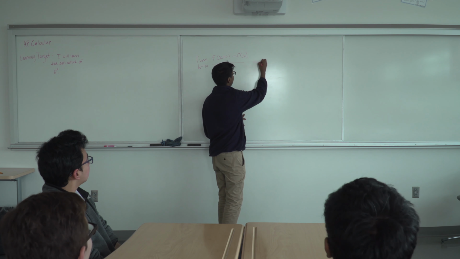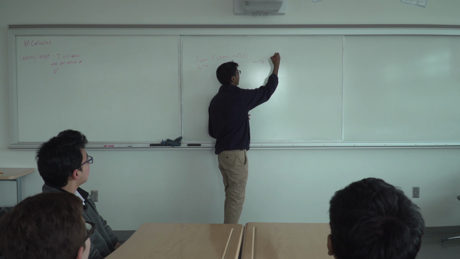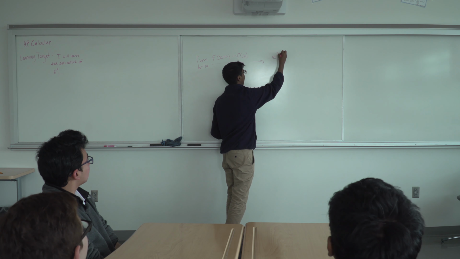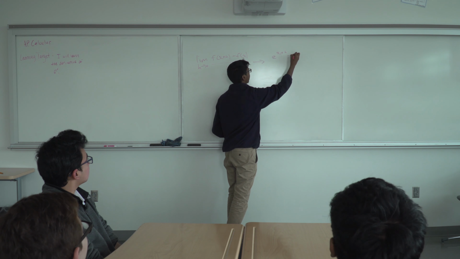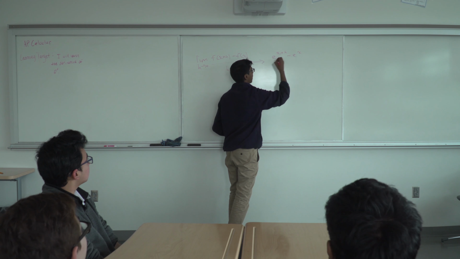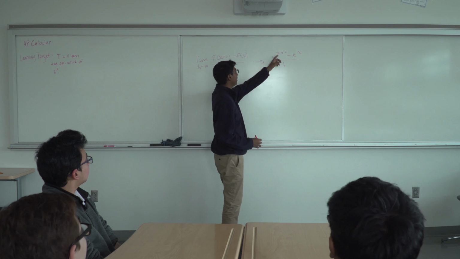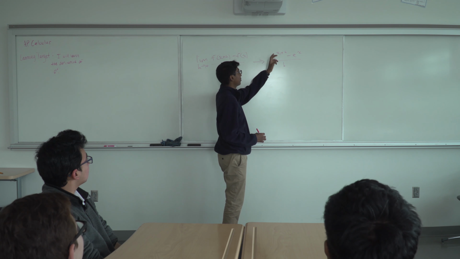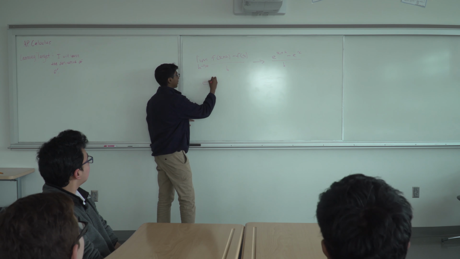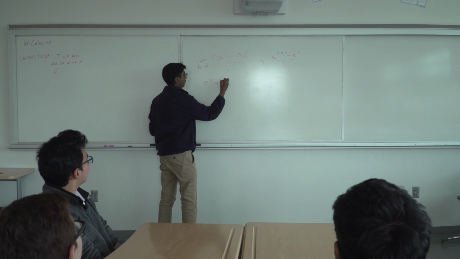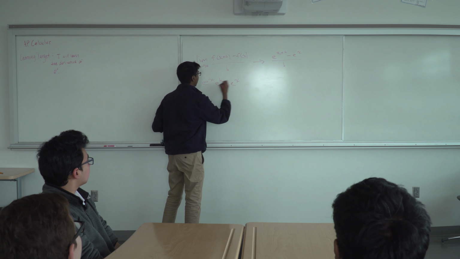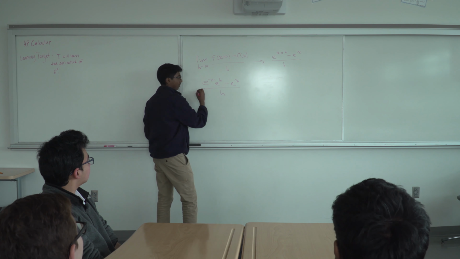So let's plug in e to the x, which is going to give e to the x plus h minus e to the x all over h. We're going to rewrite the e to the x plus h using our exponential rules as e to the x times e to the h minus e to the x all over h. And obviously the limit is in front.